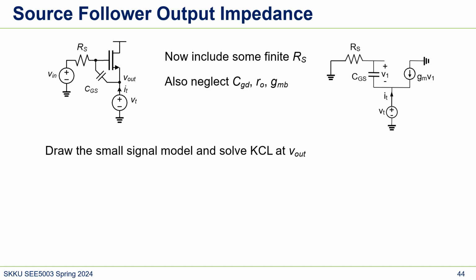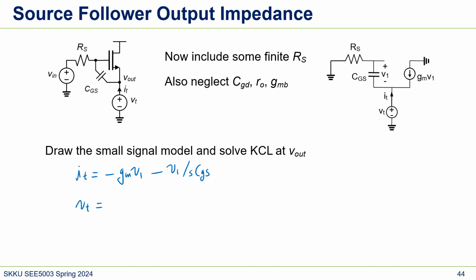So let's just calculate it. We're using KCL at V out. That means IT is minus GM V1, right? Because IT is going here, and then we just say this and this are IT. So minus GMB minus V1 over SCGS. And what about VT?